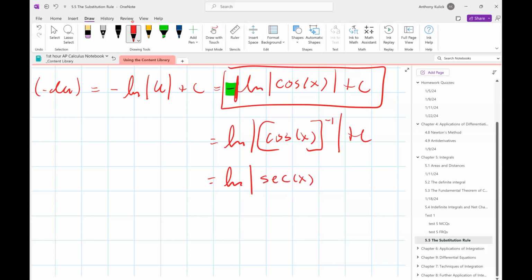Secant, or 1 over cosine, which is secant, yep. And that's maybe even a better answer. It's a little bit more simplified. I wouldn't have marked the first one wrong, surely, just so we're all clear. But if it's a multiple choice AP exam question, very likely they're going to give you natural log of secant x plus c.